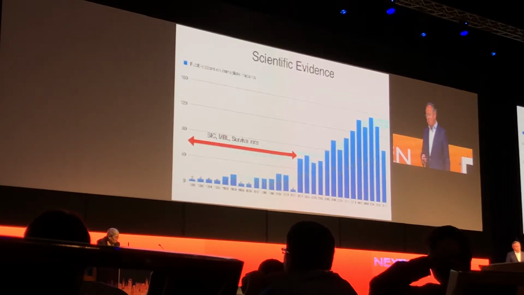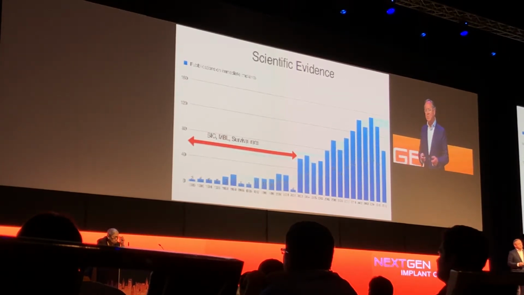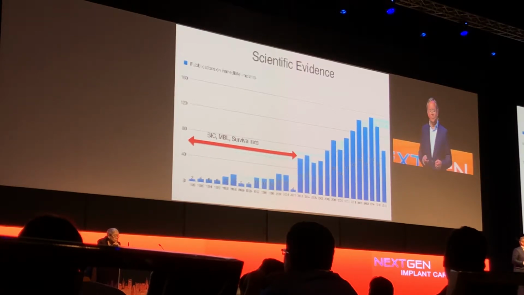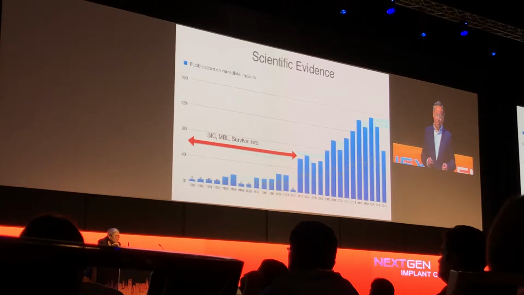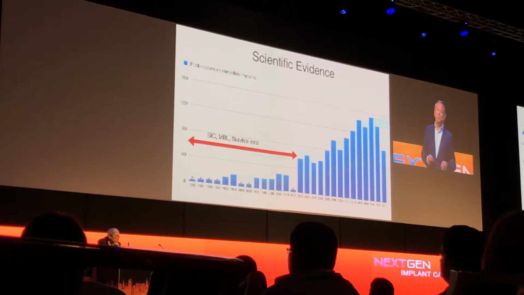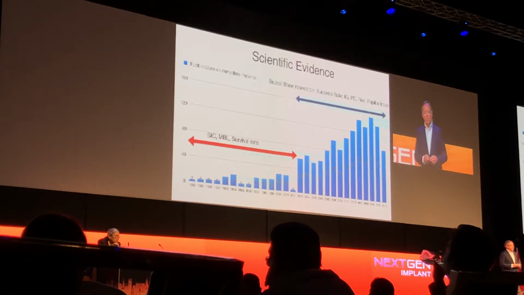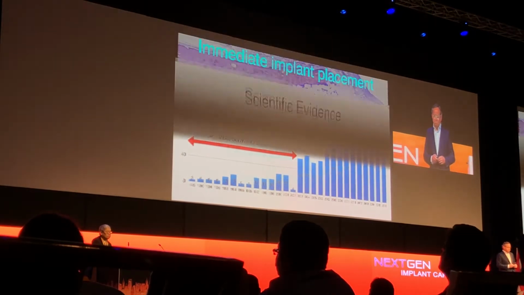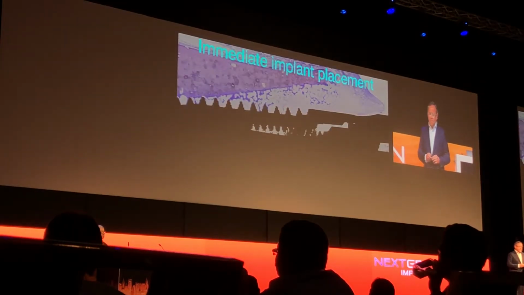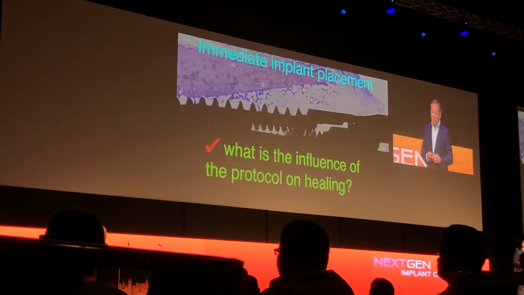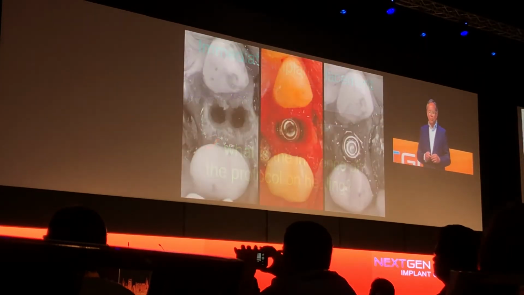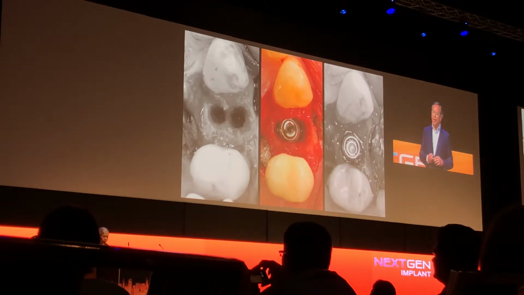As you can see, this is the amount of research that has occurred in immediate implants. And you see, it's huge what we have learned in the last, I would say, 5 to 10 years. And we have learned both the biology and, of course, the clinical outcome.